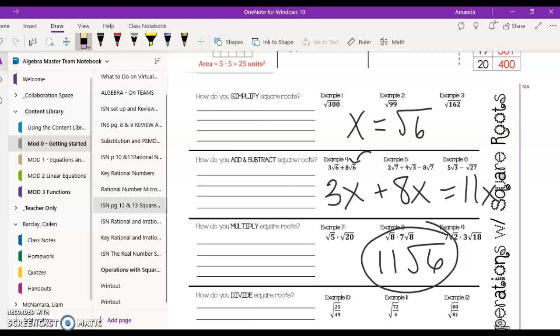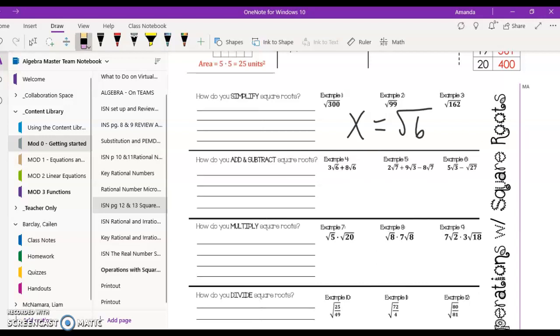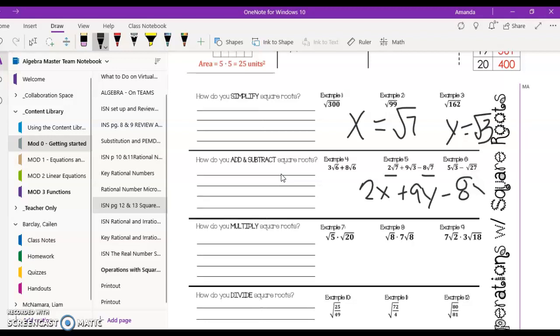I'm going to erase it so you can see it. When I'm looking at this, I have 2 roots of 7, and I'm taking away 8 roots of 7. If I think about it this way, x is the square root of 7, and y is the square root of 3. These are just representing numbers, right? So I have 2 x's, I have 9 y's, and I have 8 more x's.